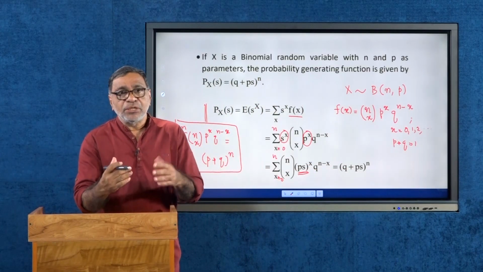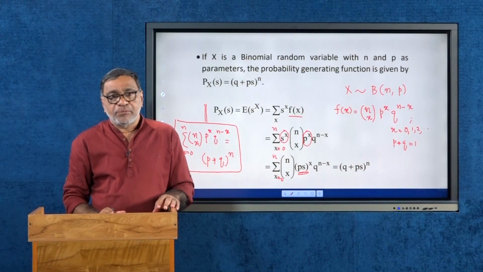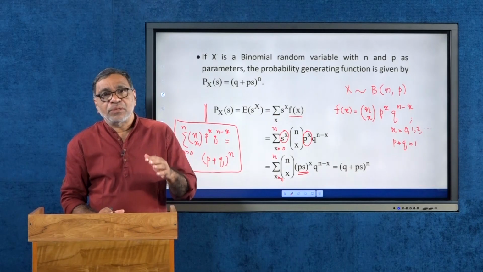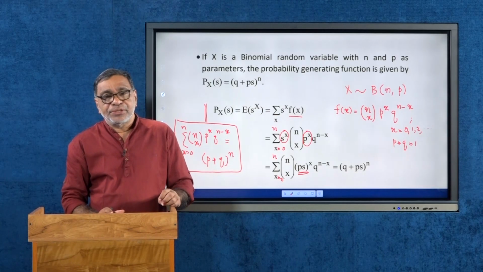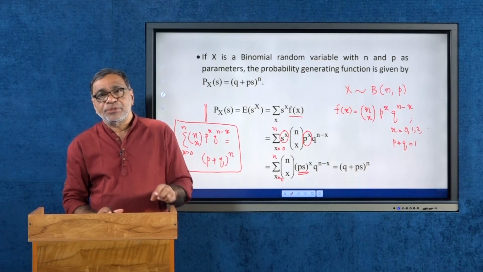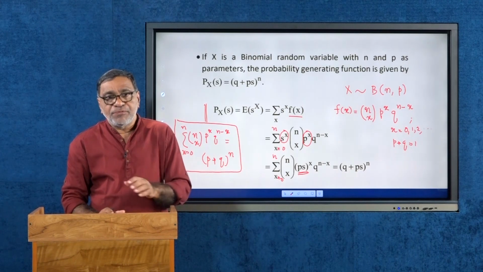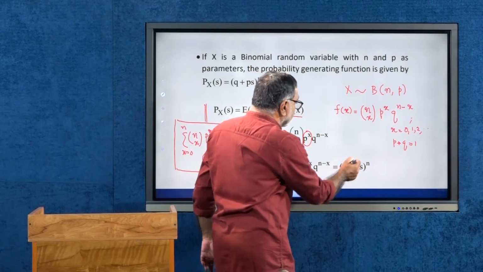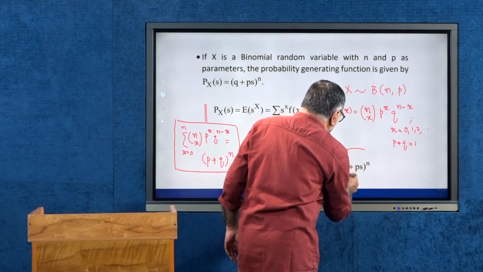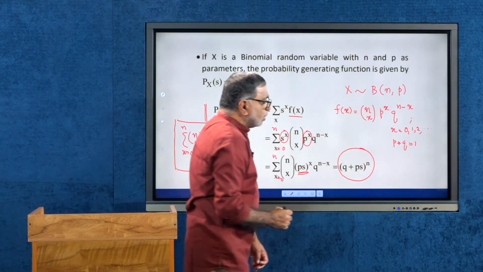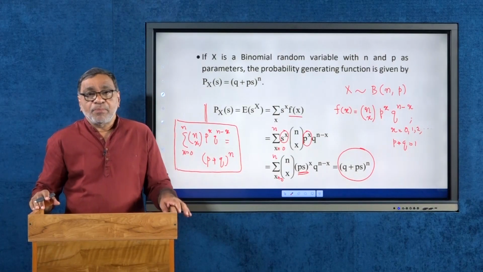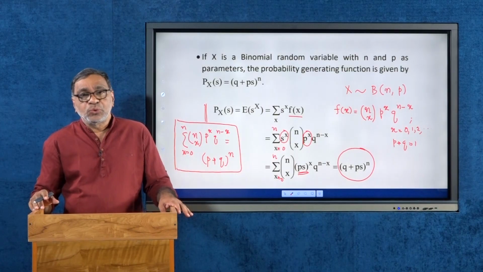So for a binomial random variable with parameters n and p, using the definition of the probability generating function and simplifying, the quantity is equal to (q plus ps) all power n. So remember, for the binomial distribution, the probability generating function is equal to (q plus ps) all power n.